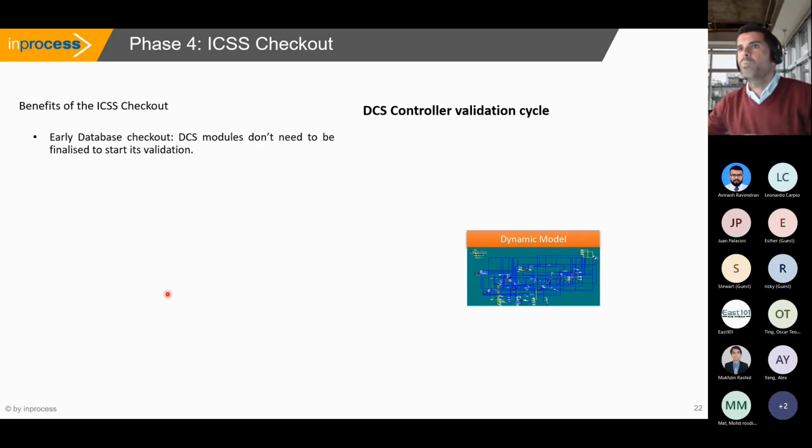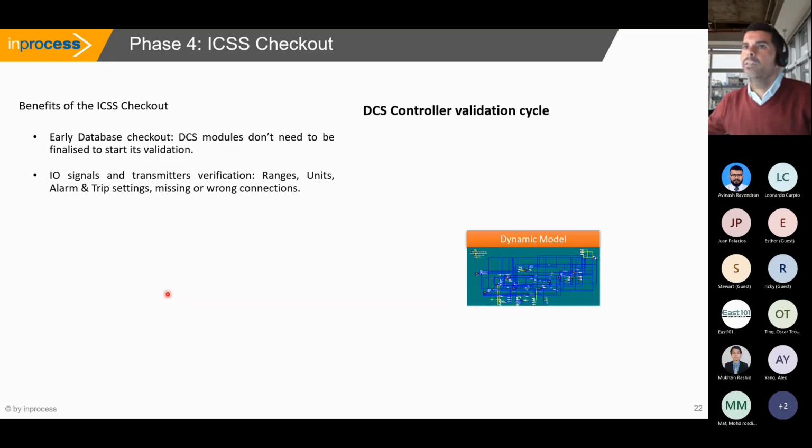And we use that model to start doing a checkout, so we do not need to wait for the finalized DCS database completely. We can do it package by package, because just as we build the model package by package, ICSS vendors usually program their databases package by package, right?